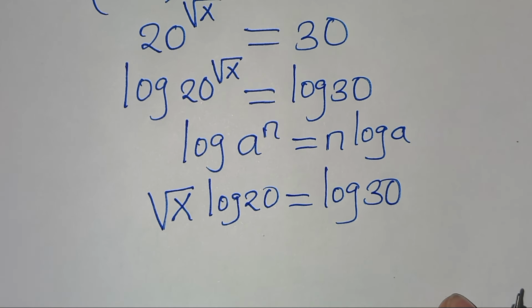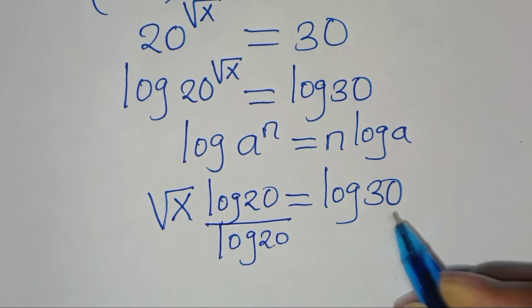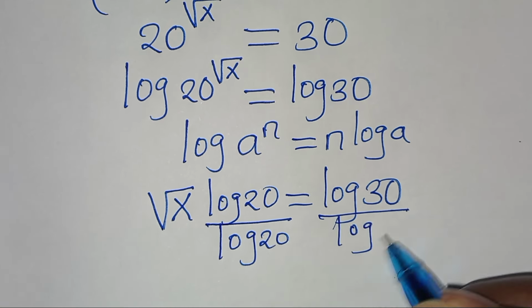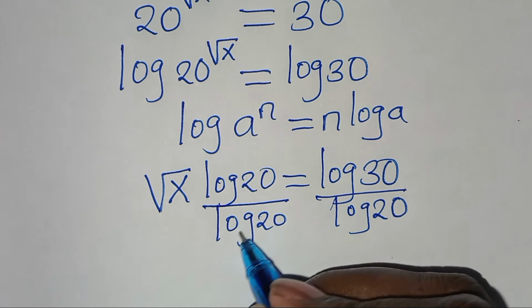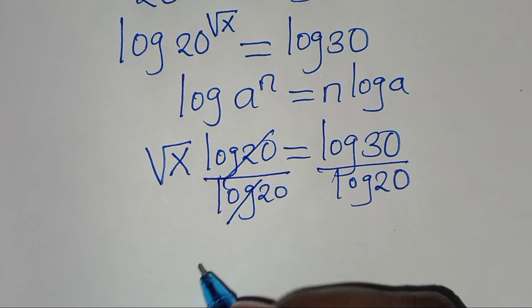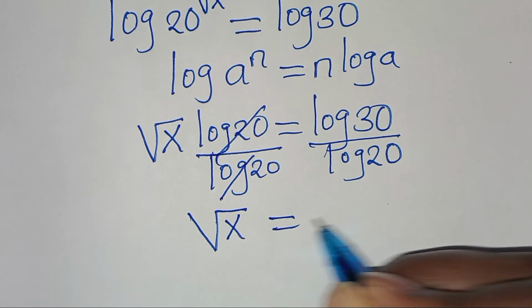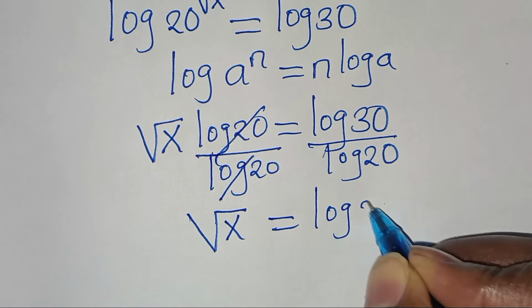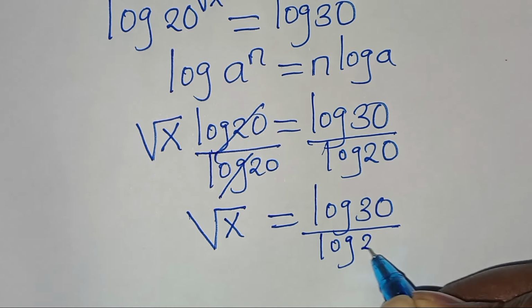The next step from here is to divide both sides by log 20. Now let's simplify log 20 and log 20, so that we have square root of x equal to log 30 divided by log 20.